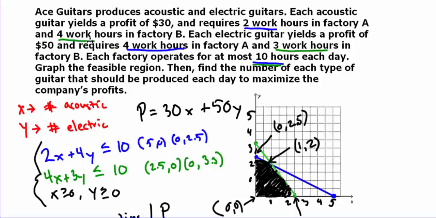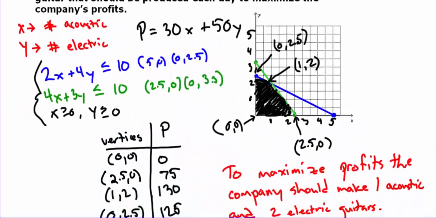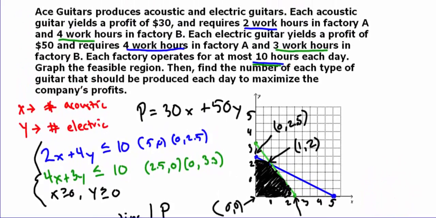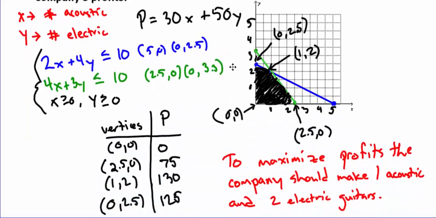And then factory B, the acoustic was 4 work hours, the electric was 3, so 4x plus 3y has to be less than or equal to 10. That's a little tougher to pick out, I get that, but you're capable, okay? Again, we know how much money they make on each type of guitar. That's our function here.